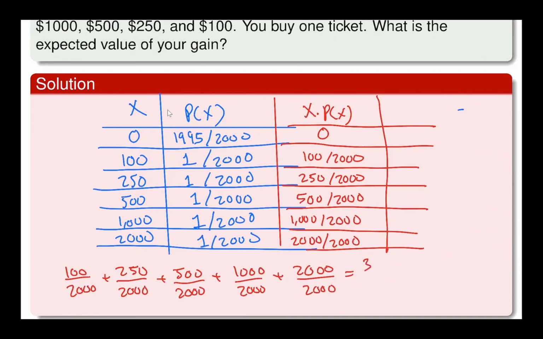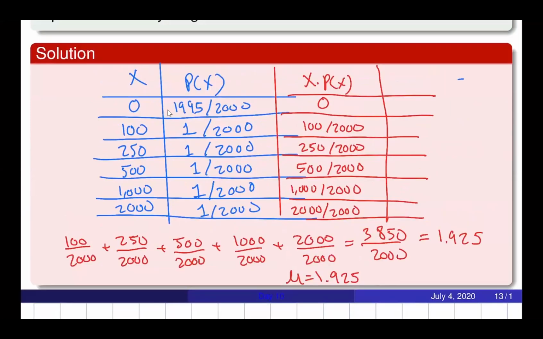You get 3,850, divided by 2,000. If you do that, you get 1.925. So that will be our mean. Sorry, it's 1.925. So that's telling us we're expected to win roughly $2 every time we play this game.